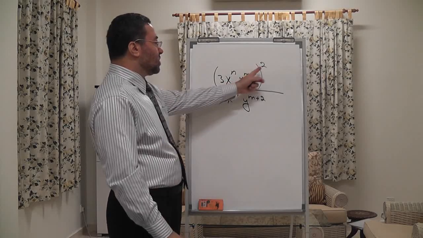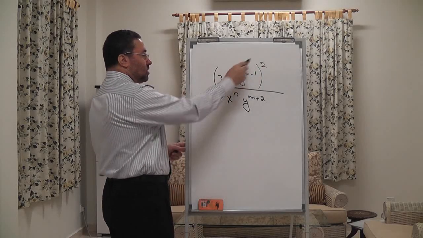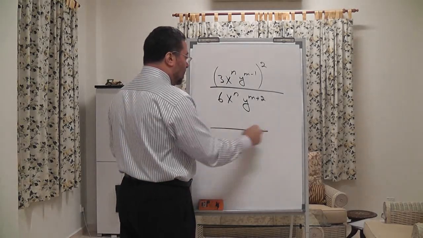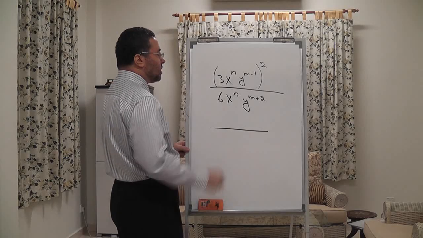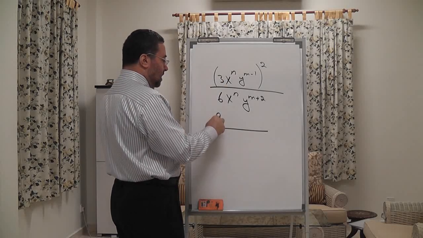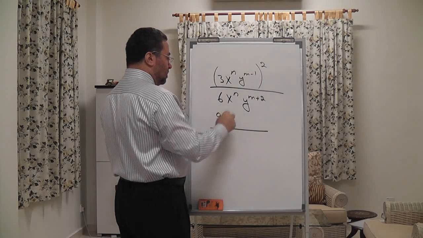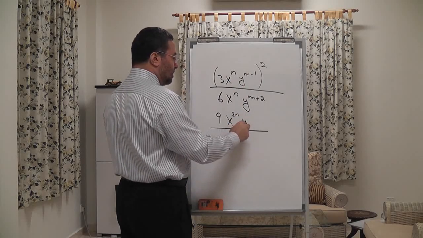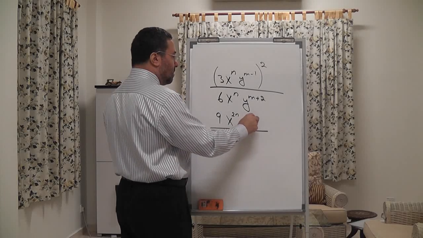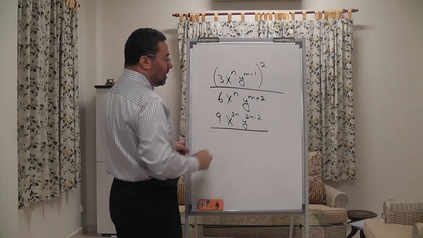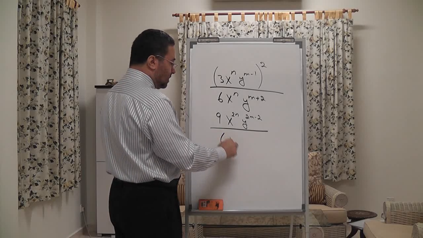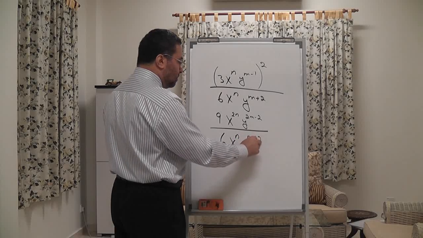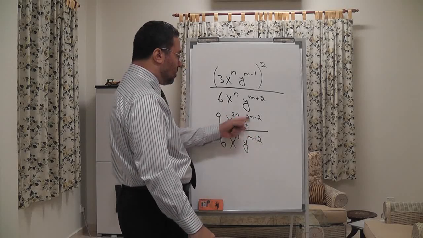Here first we have to do the squaring, and power raised to power, as we said previously, we multiply the powers. So in the numerator we are going to have 3 squared, and that's 9. This times 2, we have x to 2n, and this, the power times 2, it will be 2m minus 2. In the denominator we have 6 x raised to n y to the m plus 2. Now we minus the powers.